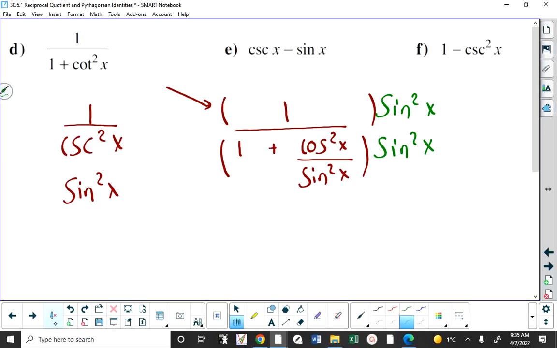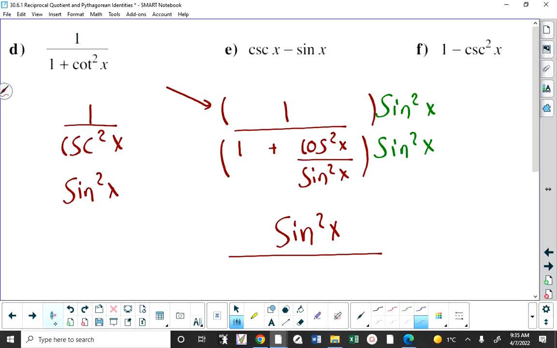Now, keep something in mind, Ian, and everybody. On some level, there's no such thing as a small algebra mistake, right? If you make a mistake in your algebra, it's going to be wrong. When you multiply across the top, you get sine squared of x. Based on your question to me, I'm guessing that when you multiplied across the bottom, you got 1 plus cos squared.